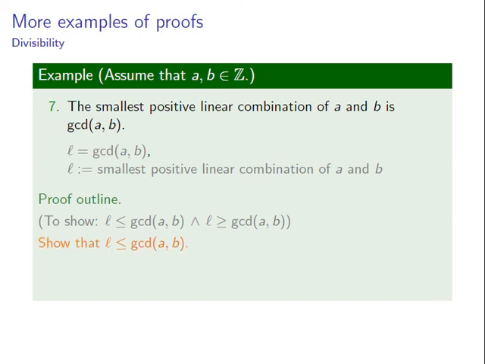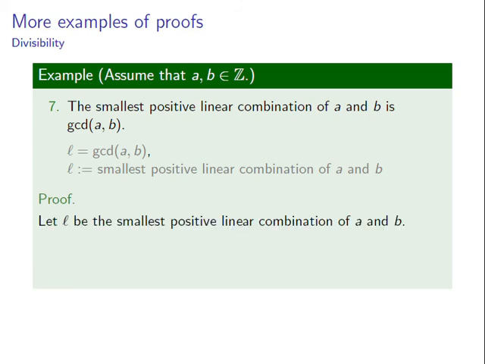First, we show that L is less than or equal to the GCD of A and B. And second, we show that L is greater than or equal to the GCD of A and B. This implies that L is equal to the GCD of A and B. We now give the details of the proof. Since the proof is short, we will no longer label parts 1 and 2.